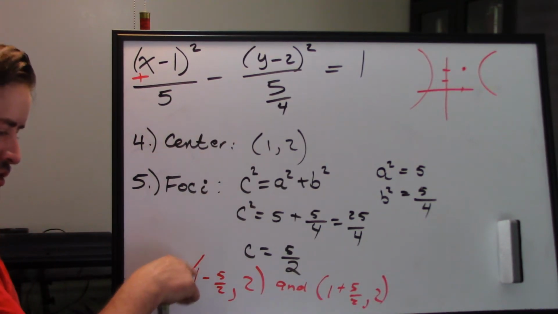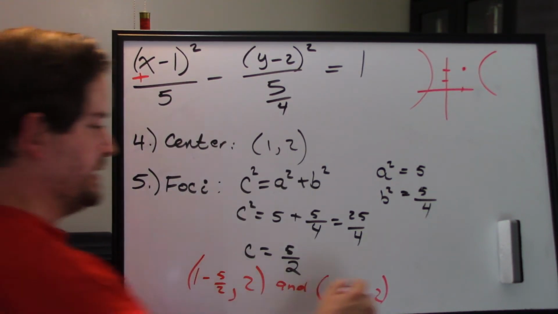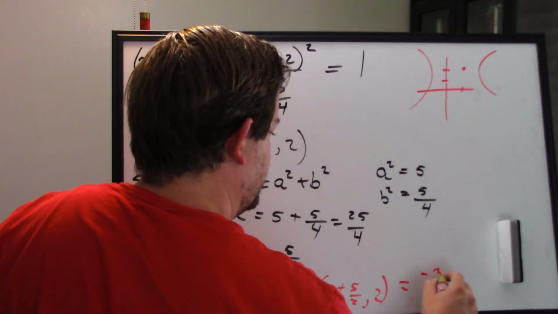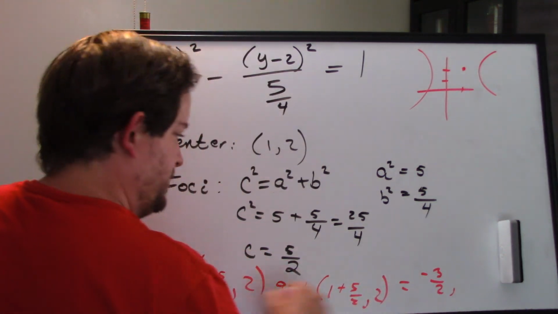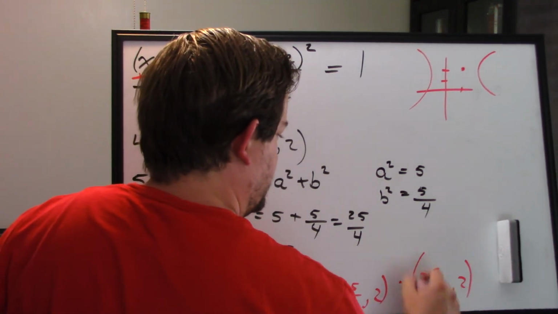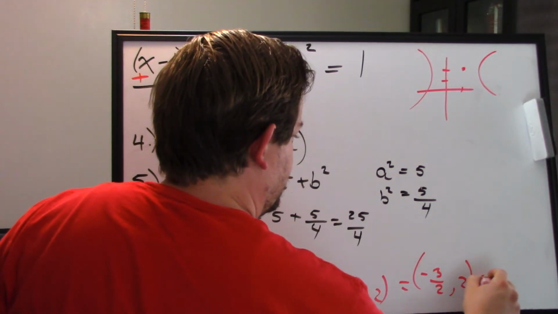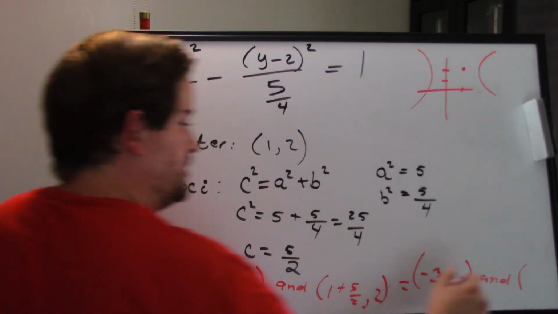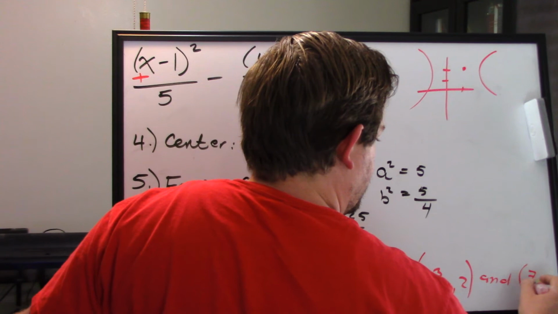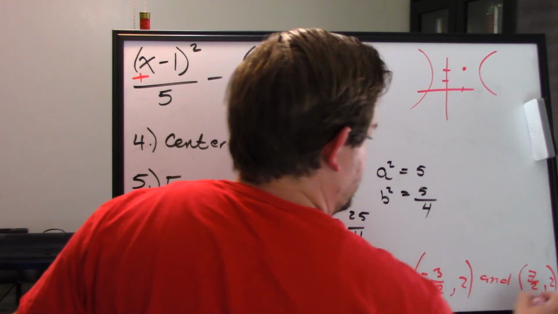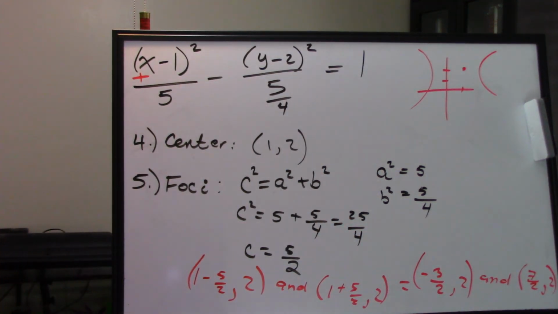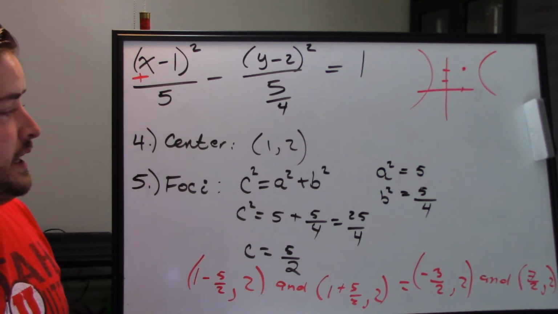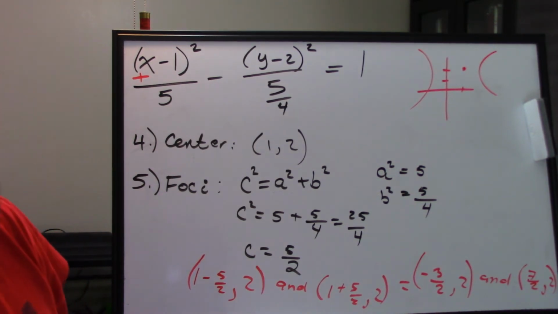So this is 2/2 minus 5/2, so this is negative 3/2, comma 2, and 2/2 again plus 5/2 is 7/2, and again comma 2. So write that down. I'm going to erase this because again I need more space for my board.